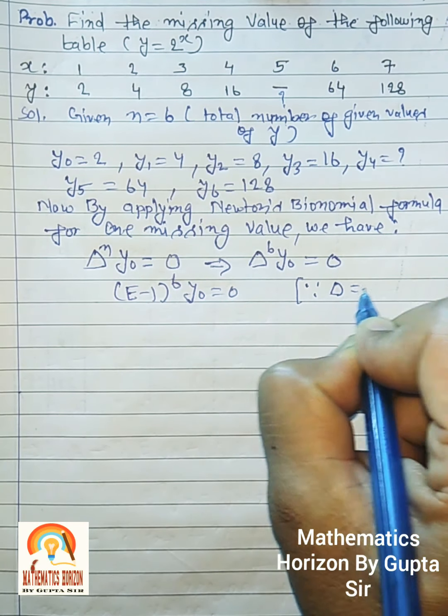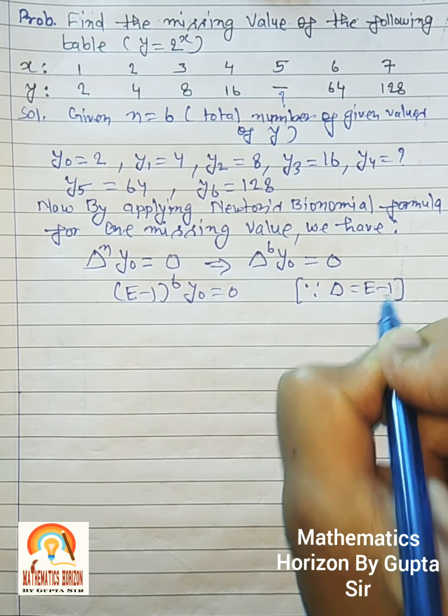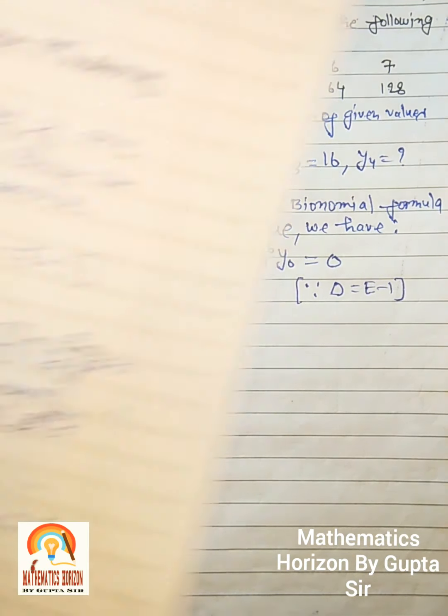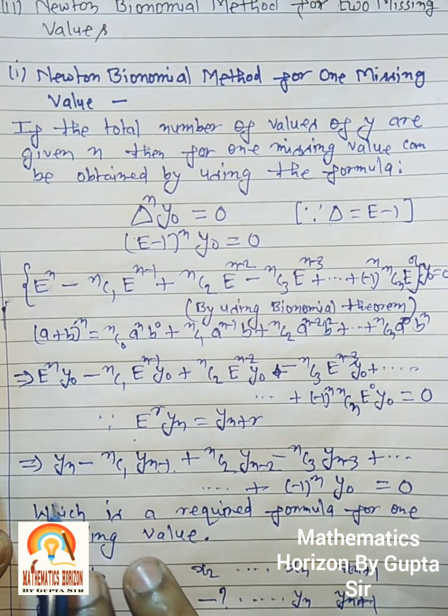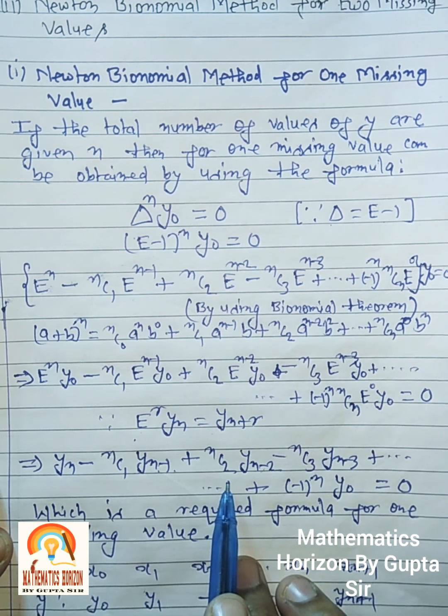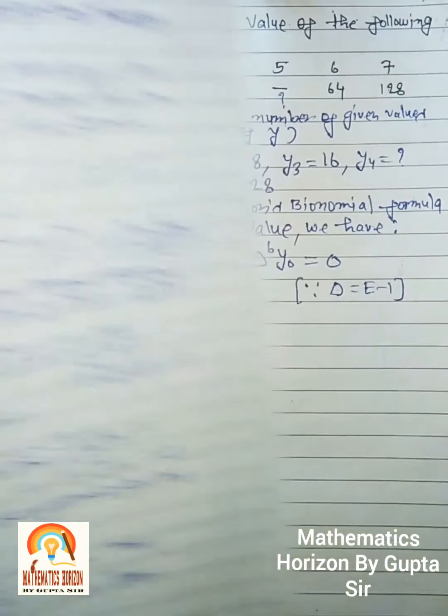Since del is equal to e minus 1, you can directly apply this formula. You can put the value of n and directly apply it.